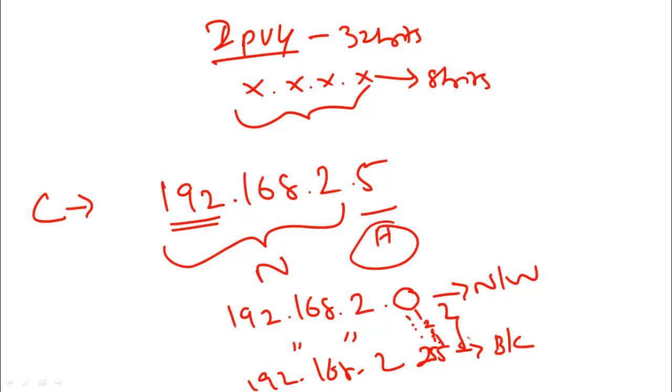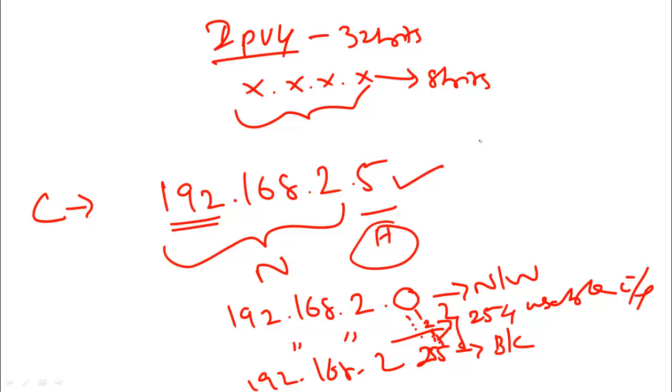In between you will have 254 usable IPs, which can be allocated to any system. This address .5 is one among these usable IP addresses, right? What are its neighbor IP addresses?